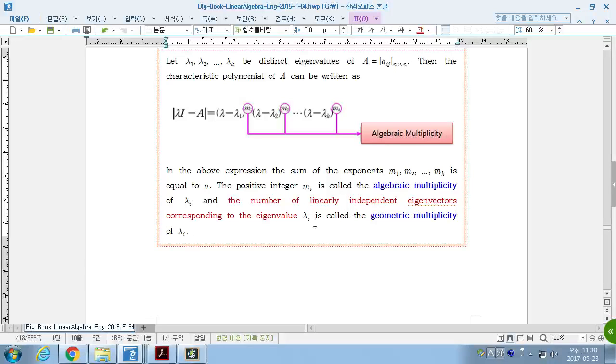So, the geometric multiplicity of eigenvalue lambda i is exactly the same as the dimension of the eigenspace corresponding to lambda i. 오케이? 그러니까 여러분들이 아이겐스페이스도 이미 배웠고 연립방정식 푸는 것도 배웠으니까 솔루션 스페이스를 구하고 그거의 기저를 구하면 그 기저의 개수가 바로 geometric multiplicity가 되는 거예요. 그럼 now you know the concept of algebraic multiplicity and the concept of geometric multiplicity. 여러분들은 이거를 완전히 이해할 수 있어야 돼요.